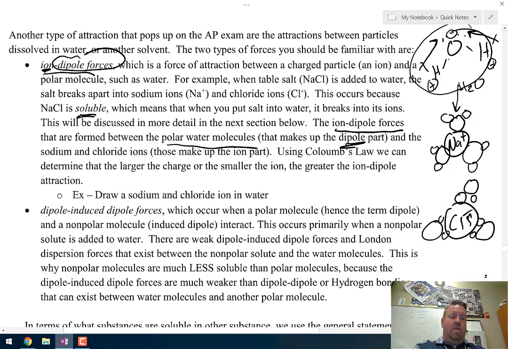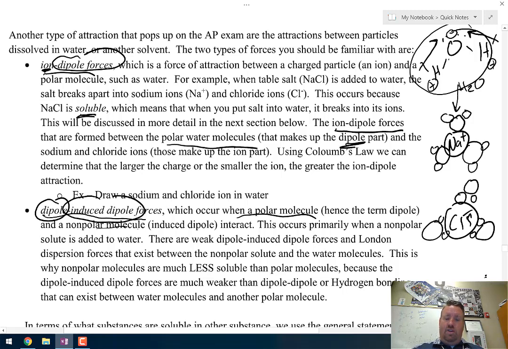Okay, another type of attraction you can have between molecules is when you have a polar compound and a nonpolar compound. And again, just think about that. Dipole, induced dipole. If something has a dipole, it's polar. If something is nonpolar, it has an induced dipole. So this occurs when a polar molecule and a nonpolar molecule interact.